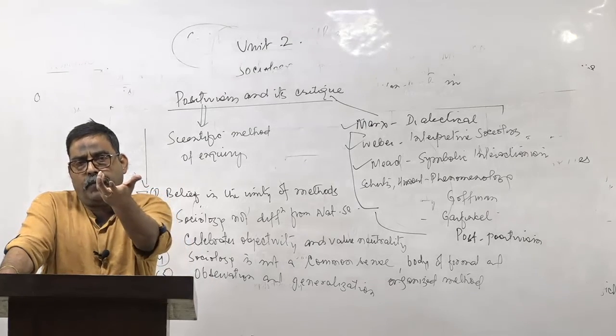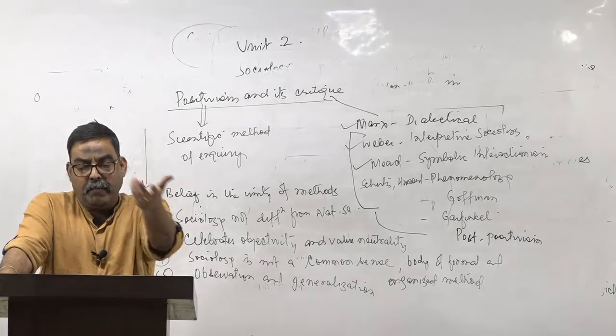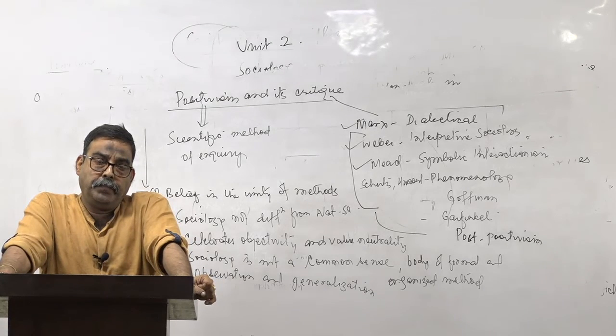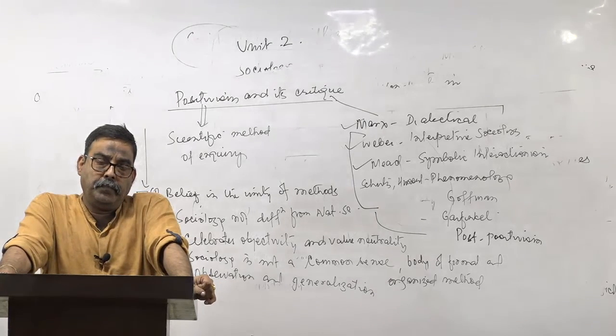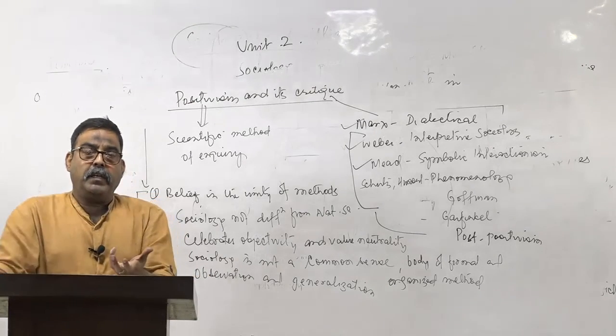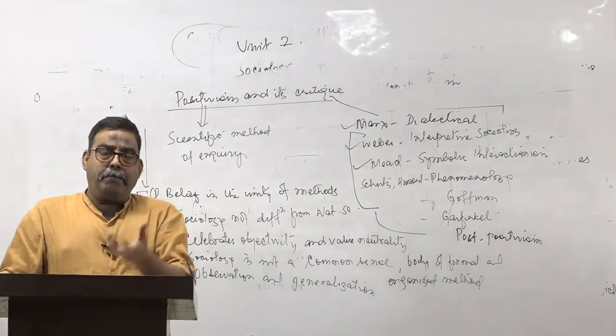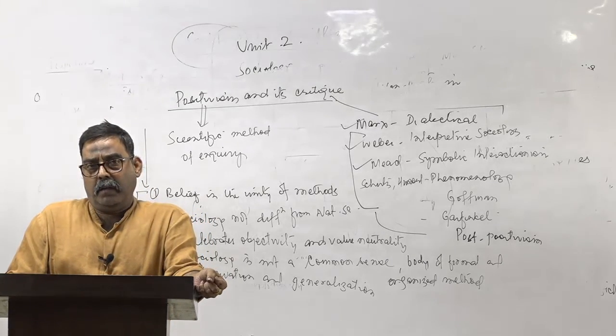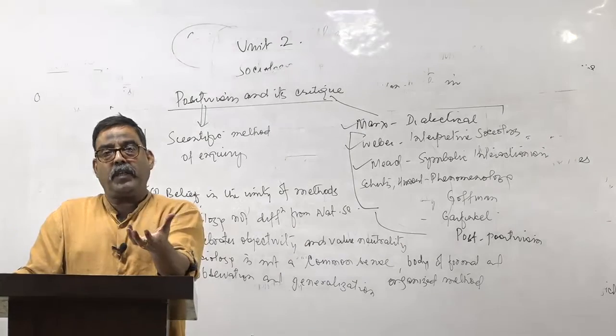I don't know whether you have heard of Alvin Gouldner's Anti-Minotaur. The Minotaur is basically half bull, half man. To understand the Minotaur, it is difficult to separate the bull from the man.